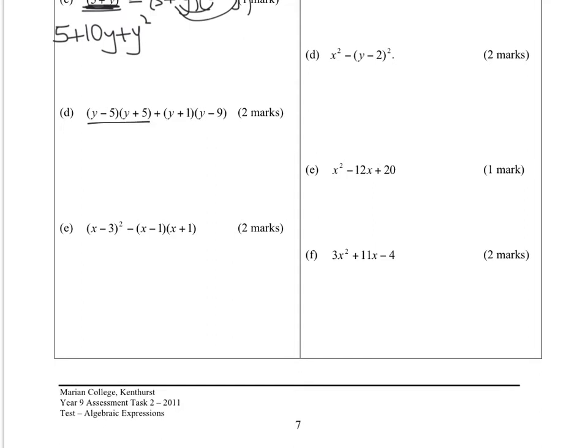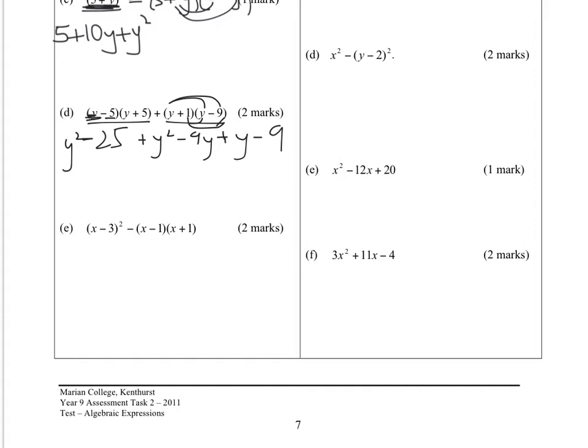Okay, the first bracket. Now again, difference of two squares. So square the first, which is y squared. Square the second, 25, with a minus in between. Now this bracket needs to be just double rainbows. We get y squared minus 9y plus y minus 9.